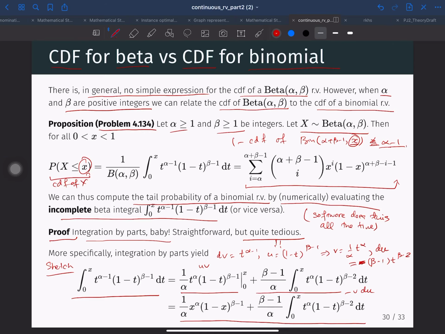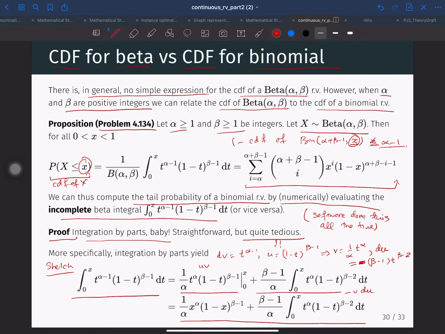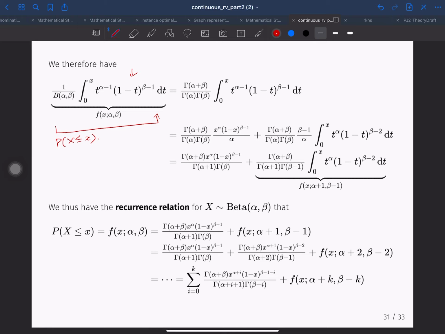So now we could do this same trick. Now this here is our probability of capital X less than little x. We defined earlier to be this integral. So here we see its appearance here. And then B alpha beta will relate to this gamma function. 1 over B alpha beta is equal to this gamma function here.